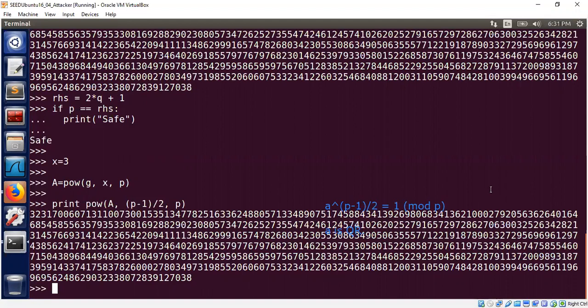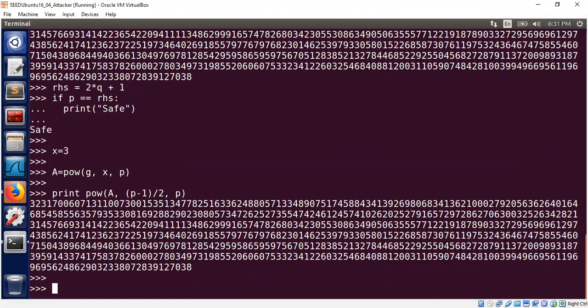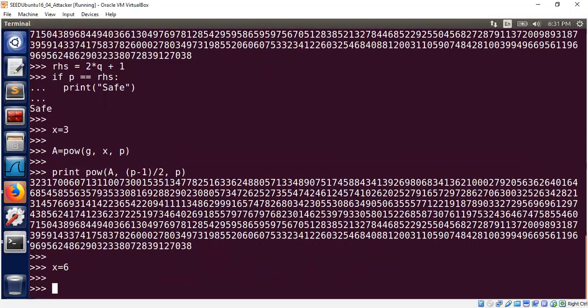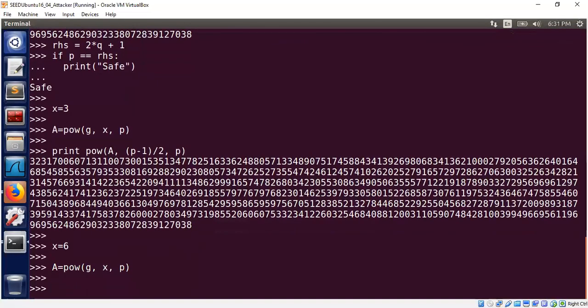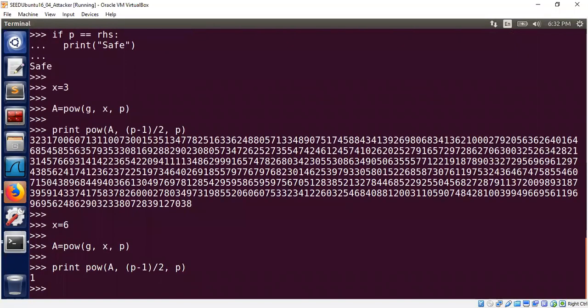Okay, let me now convince you that that's the case for an even number. Maybe that's better. Okay, so I'll do the same with x being, say, 6, which is an even number. So let me compute the public key of Alice again. And now let's compute the Euler's criterion, which is 1. Okay, this tells us that the value of x must be an even number.